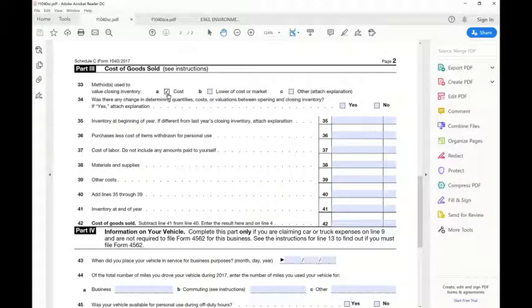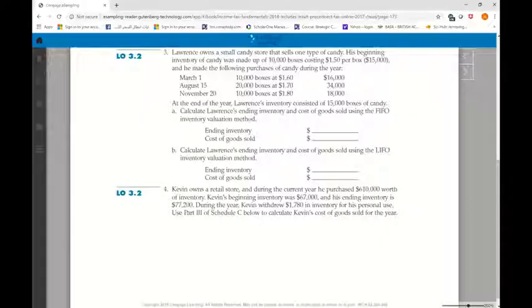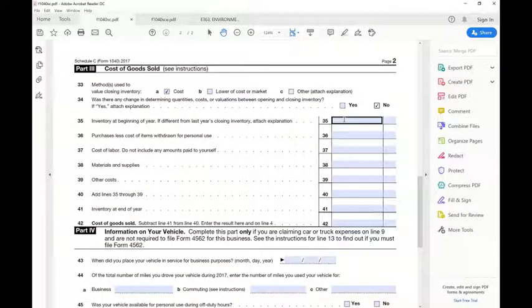The method that we use is the cost. Was there any change in determination of quantities, cost, and valuation between opening and closing inventory? The answer here is no, because we are using the same method, which is the cost. Then we get the inventory at beginning of the year, which is given here as 67,000. So this is really 67,000.